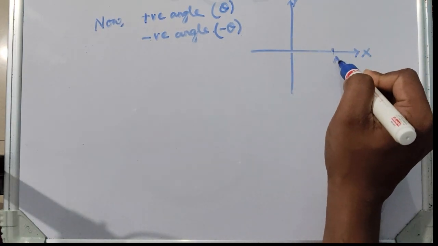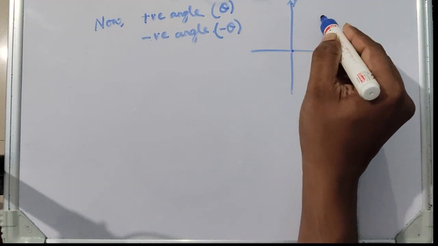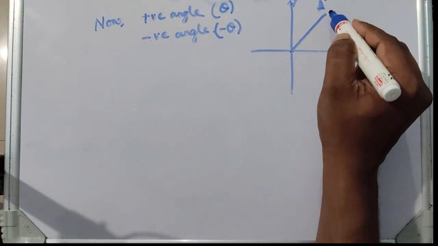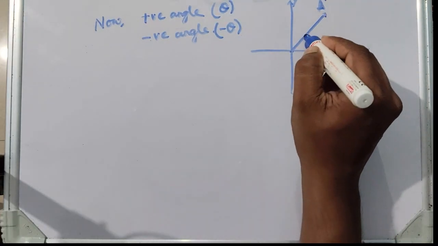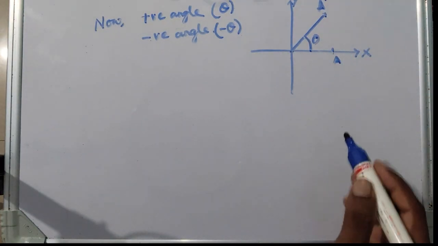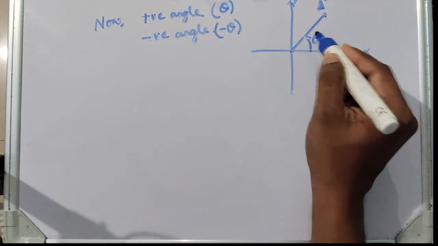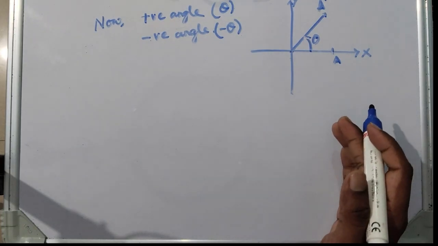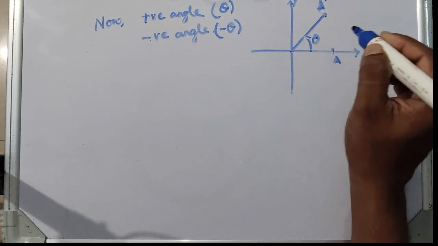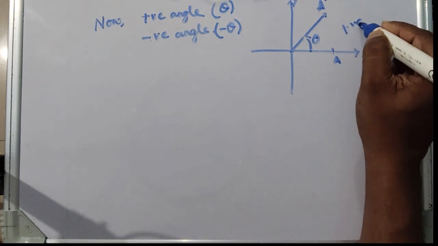Let A be a point over here and if it moves to a new position A dash, the angle it moved through is called positive angle.